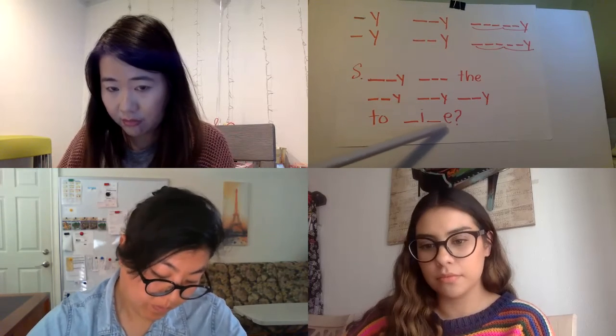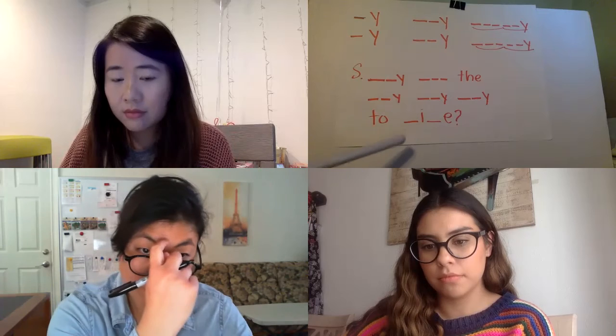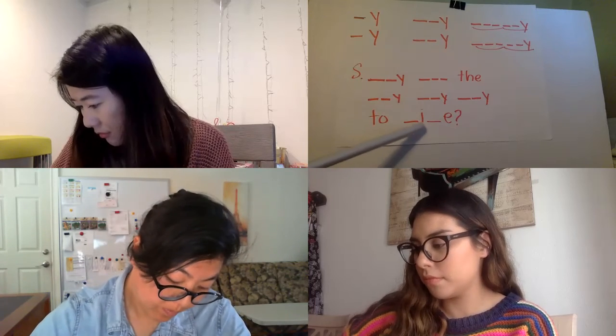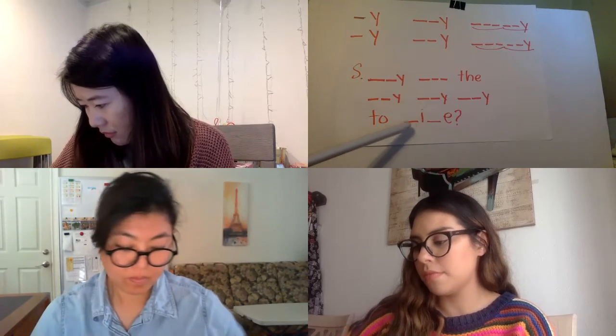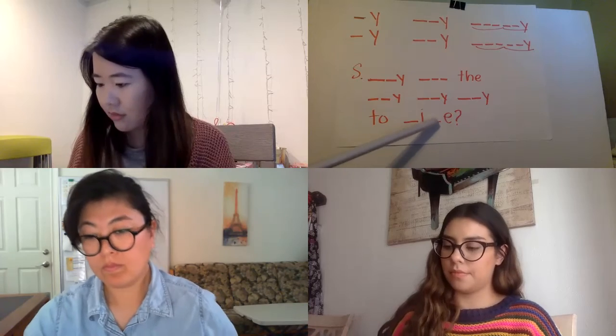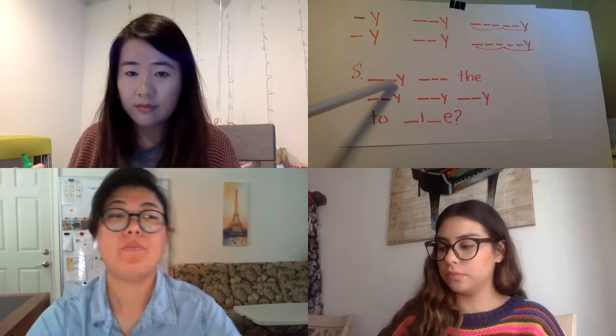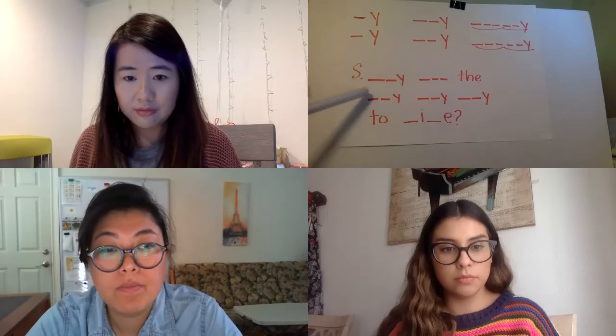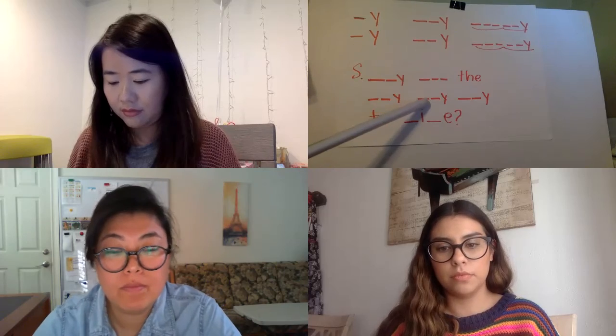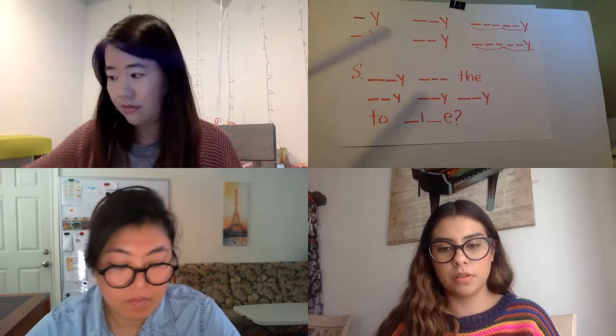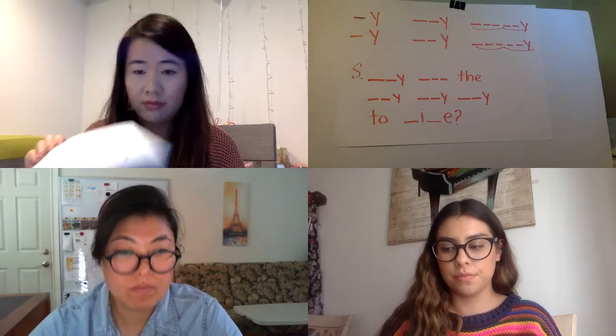Watch that long I, it's spelled I blank E here. The word is hide. H, I, d. So I'll repeat that. Why did the sly spy try to hide? Go ahead and show me your responses, teachers.